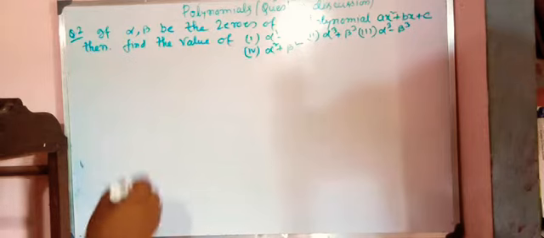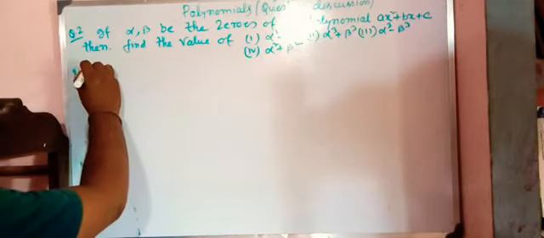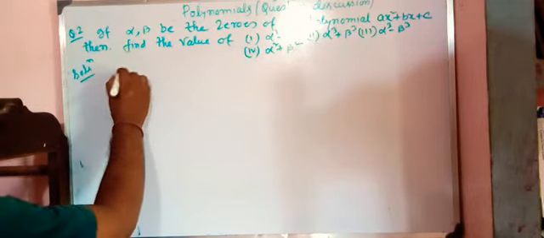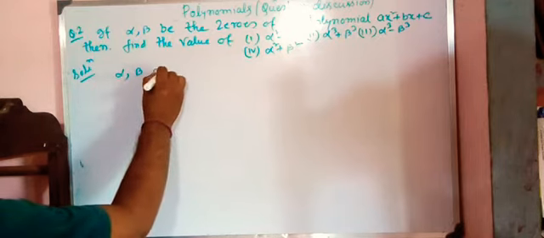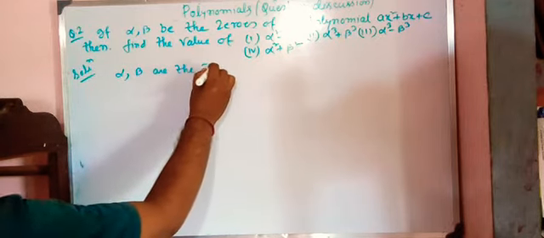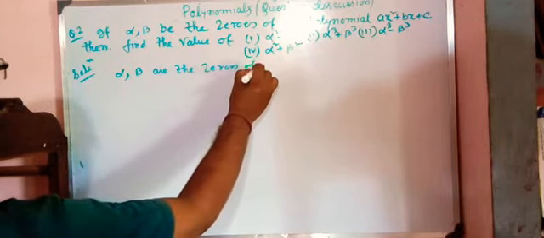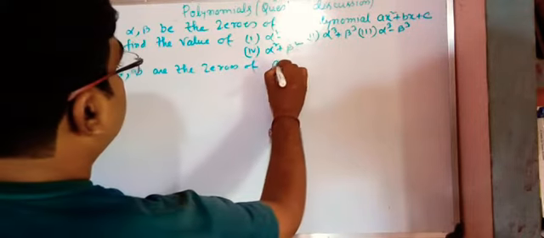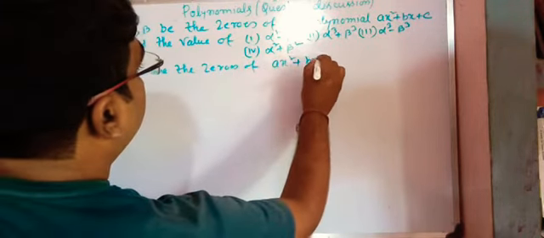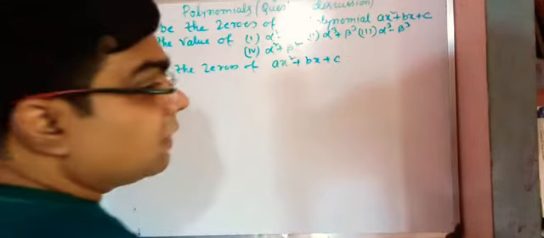So alpha, beta are the zeros of this polynomial ax square plus bx plus c.